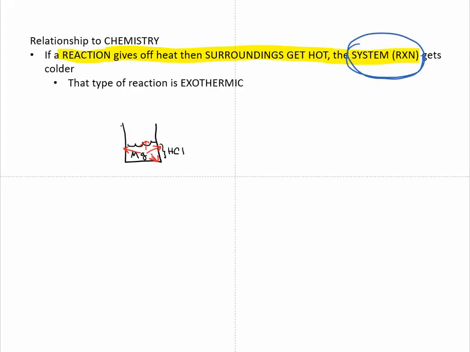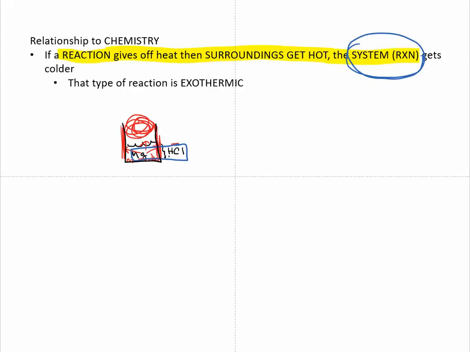That means that your beaker gets hot, the air above it gets hot, the liquid solvent around it gets hot. The reaction is just occurring between the magnesium and the hydrochloric acid. Everything else around it is the surroundings: the glass of the beaker, the solvent, the air above it.